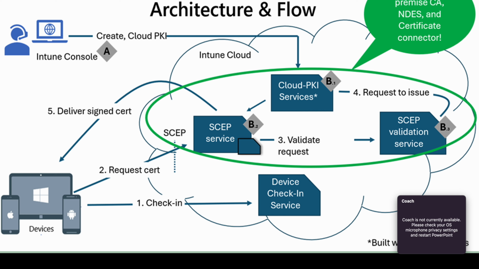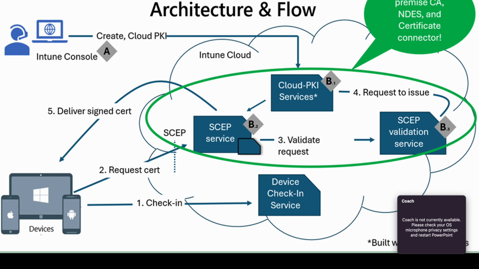They have made several key components working together to simplify the complexity and management of public key infrastructure. The Cloud PKI service is for creating and hosting certificate authorities, and it also allows the registration authority to automatically accept requests from the Intune enrolled devices.